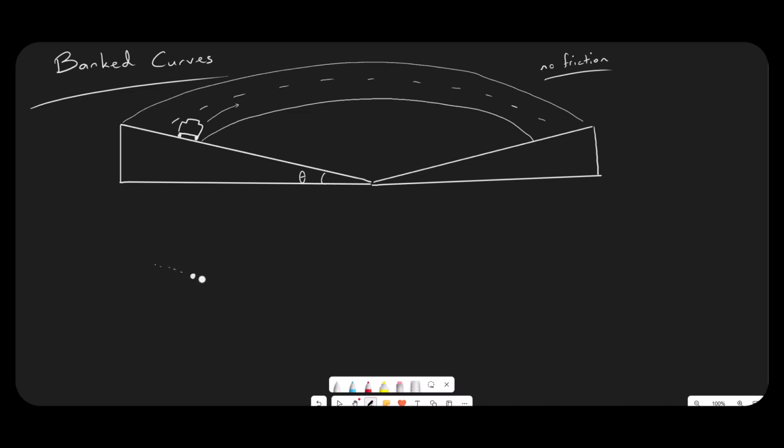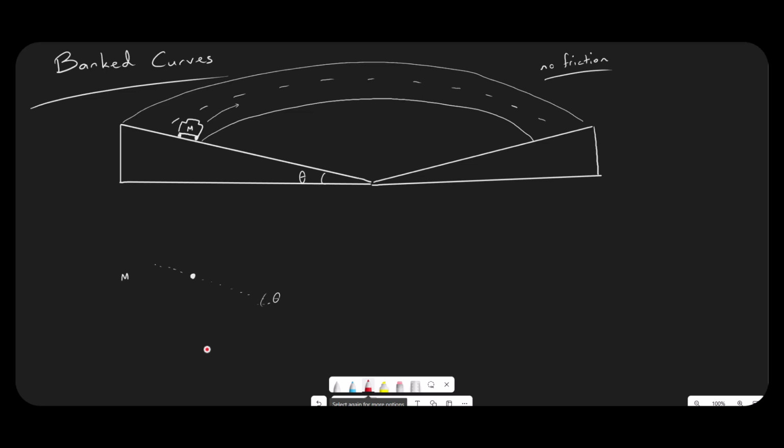What I've got right now is something like this. Here's my car. Here is the angle of my incline. And I'm going to free body diagram this thing. I'm going to leave the car right now as just having an unknown mass m, because I'm hoping the mass wouldn't matter.